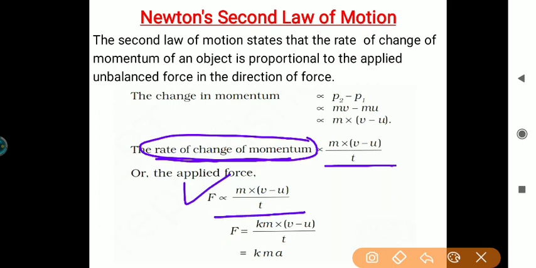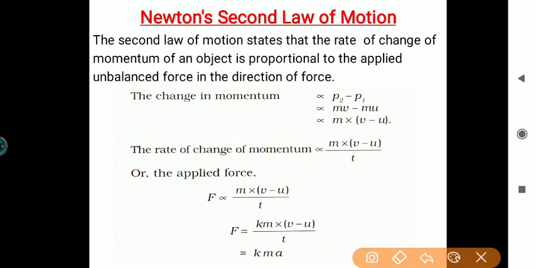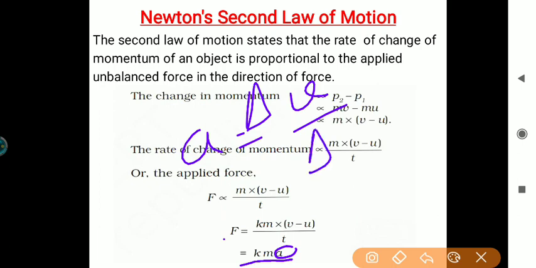When we remove the proportionality sign, there is a proportionality constant, k. So force is equal to k m a. Here a is the acceleration, because acceleration is the change of velocity with respect to change in time.